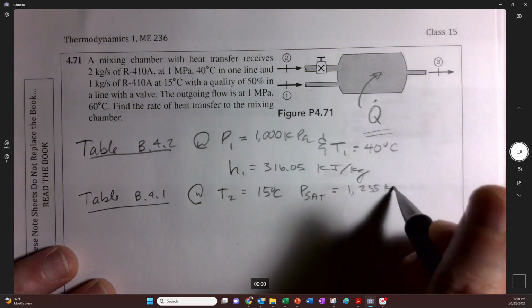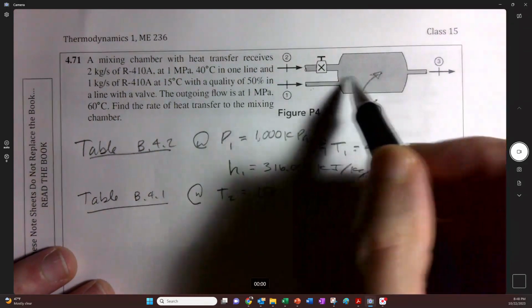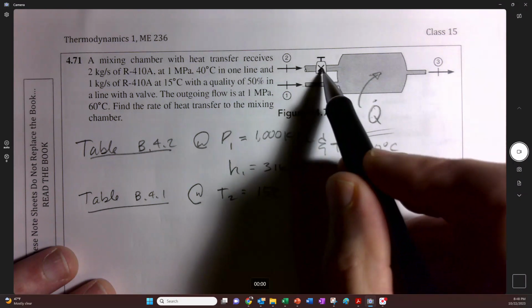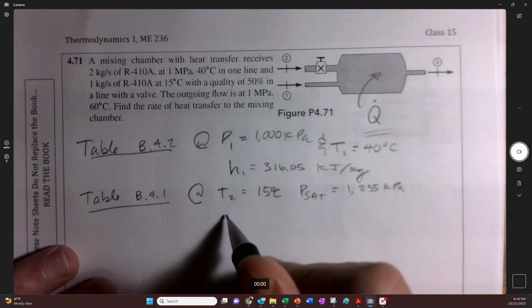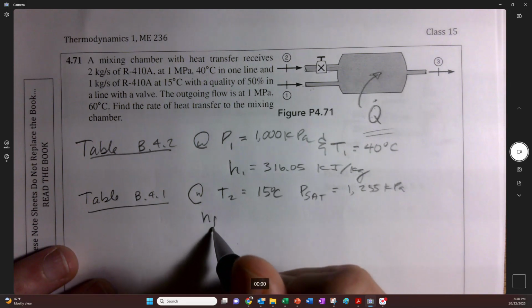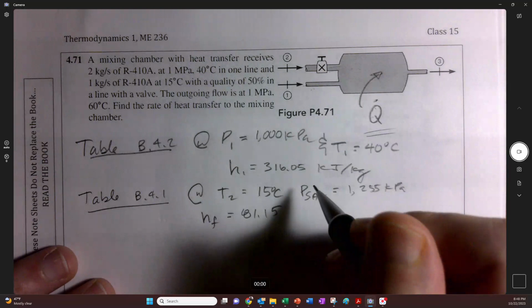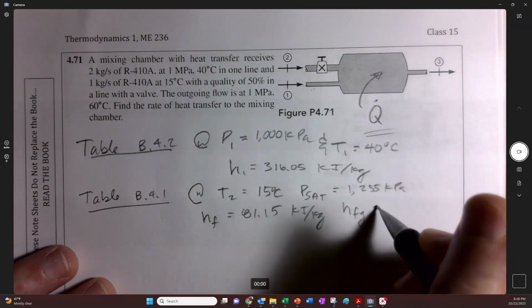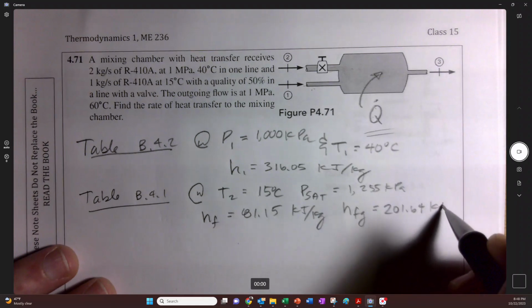So it has to be larger to be able to squeeze back into the thing. Problem is it could force that to go back out, right? No. But anyway, they said there's a valve there that allows it somehow to get in. Magical. The HF for this is 81.15 kilojoules per kilogram. HFG is 201.64 kilojoules per kilogram.